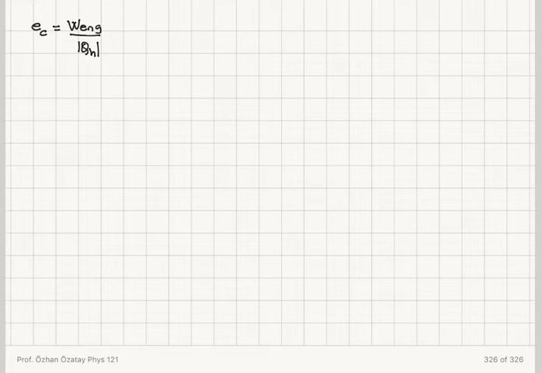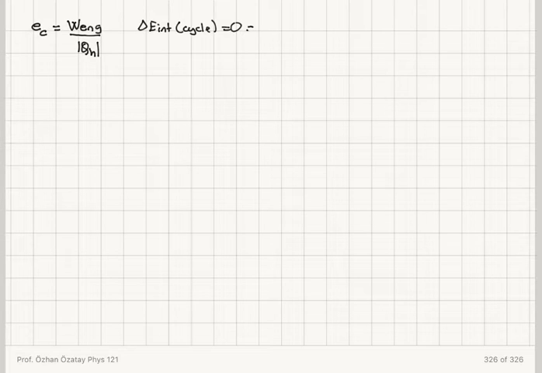And from the first law of thermodynamics, for the cyclic process delta E internal for a cycle is equal to 0, because we start at temperature TH and are back at temperature TH. That means the internal energy does not change.